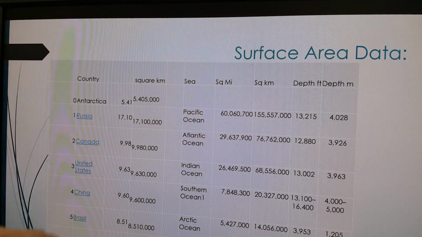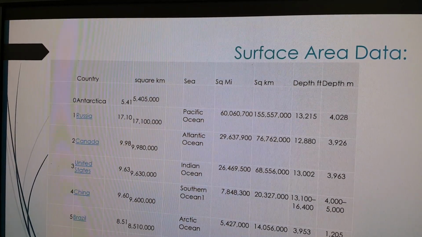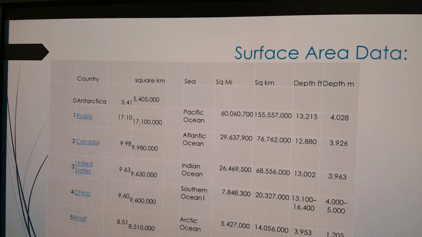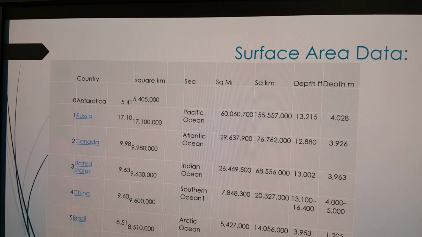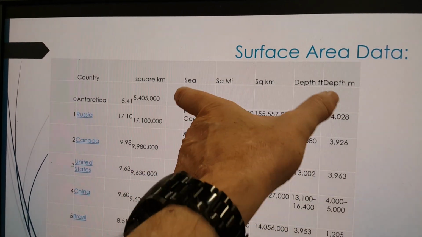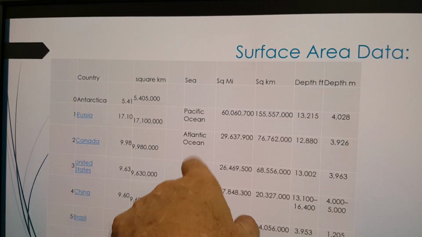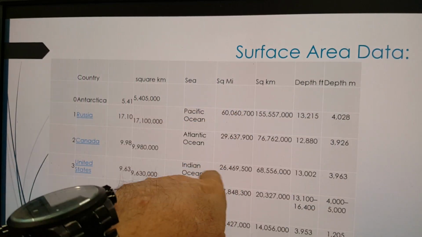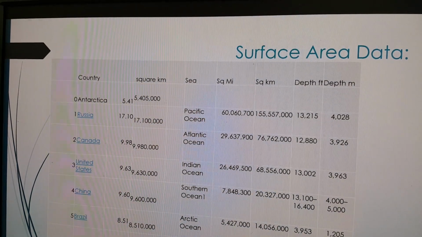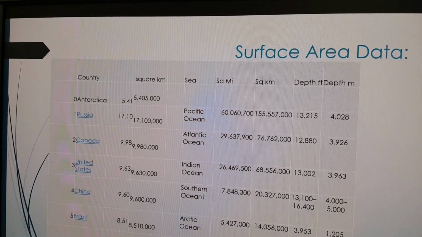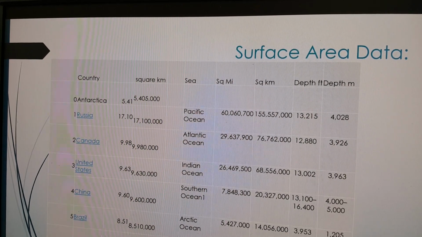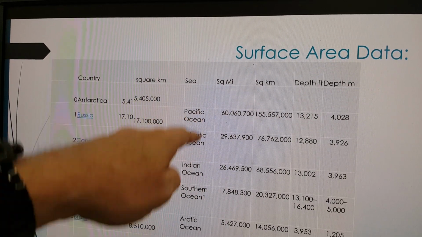And you can see for those few, and if you go all the way down, there are 204 of those, 205 of those. For the oceans, we have this, shows square miles, so I don't have to convert, square kilometers, and then the depth, if you're interested in that. And then there are 18 of those.